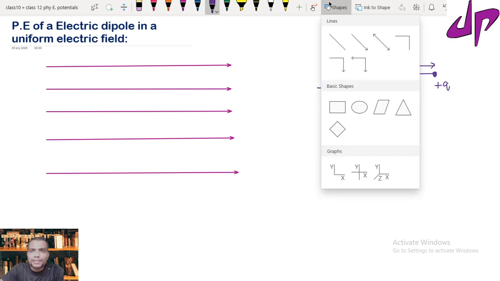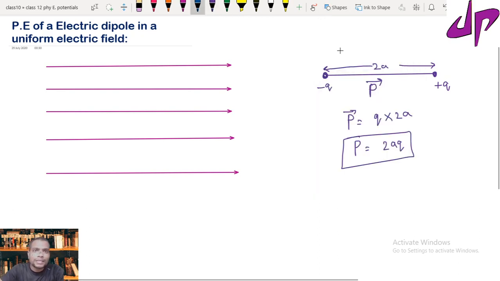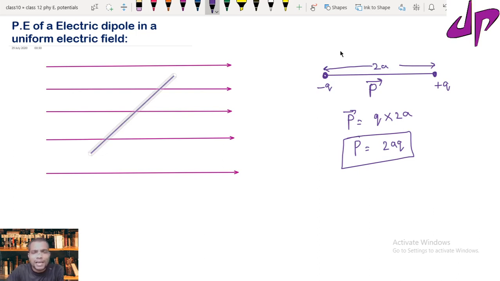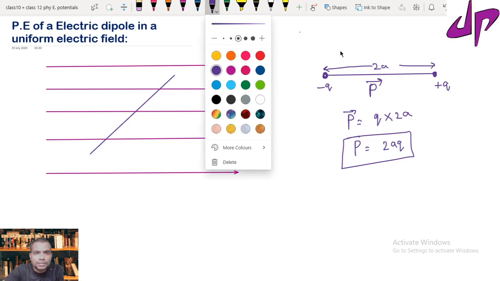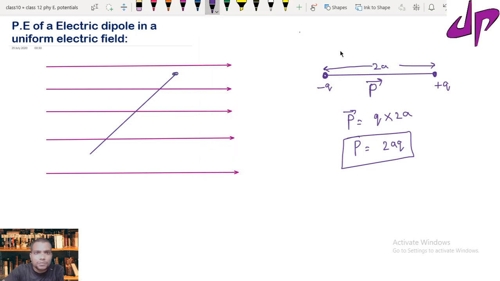Now suppose we place this electric dipole in an electric field at an angle. So this is the electric dipole, which is making an angle theta with the electric field. Let me take this as the positive charge and this as the negative charge, minus q.